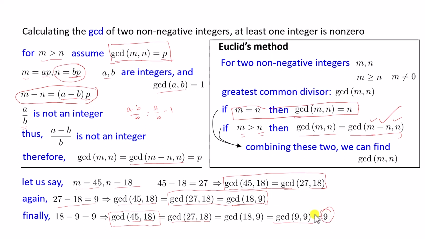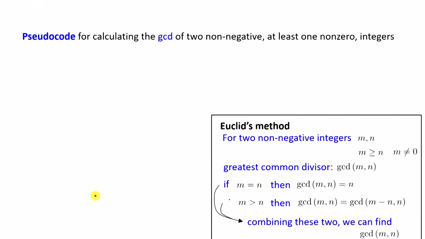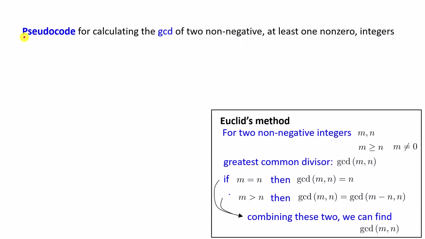So now we understand the procedure. Our goal is, therefore, we want to write this pseudocode for general m and n. We understood it for specific numbers like 45 and 18. So let's go to the pseudocode.